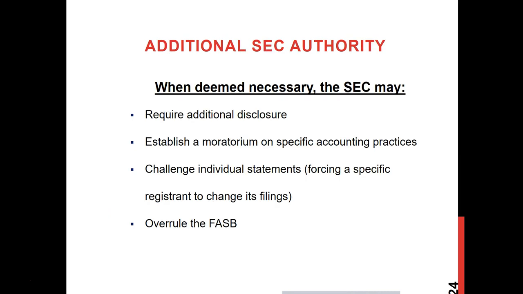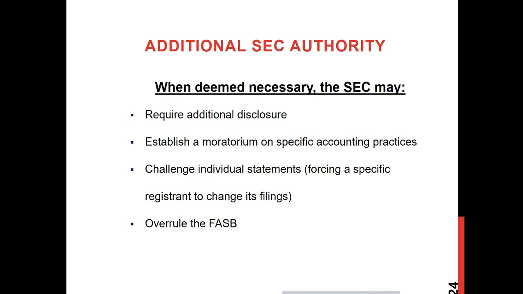So now here we will also discuss a little about the additional SEC authority. So basically the SEC of course requires the basic disclosures which we discussed so far, but the SEC can require any additional disclosures, and the SEC can establish any type of moratorium or any temporary prohibition on a specific accounting practice.